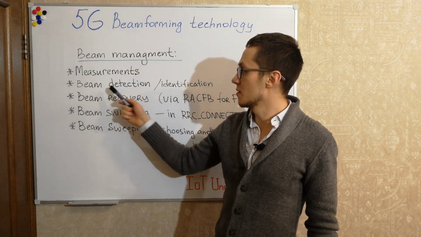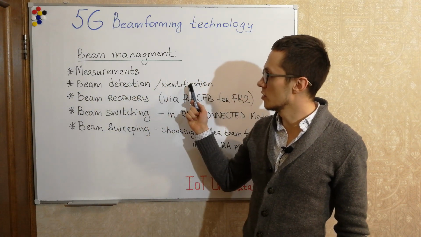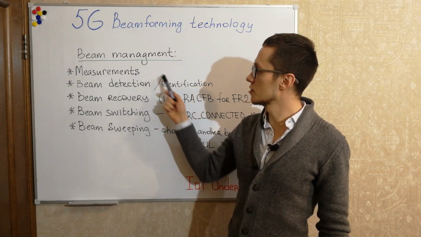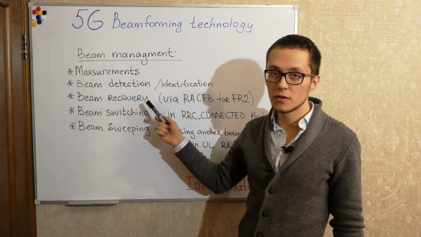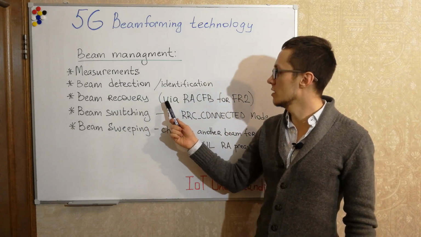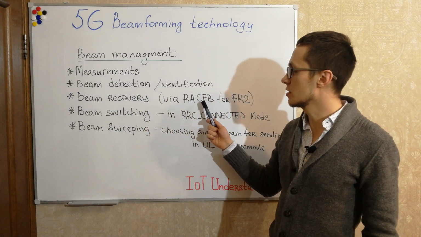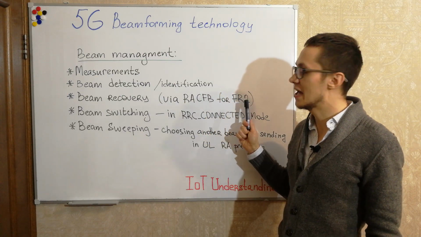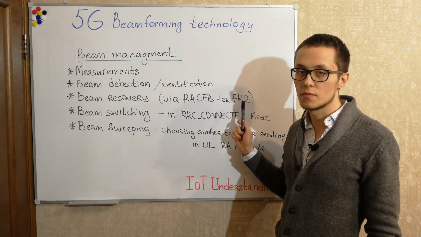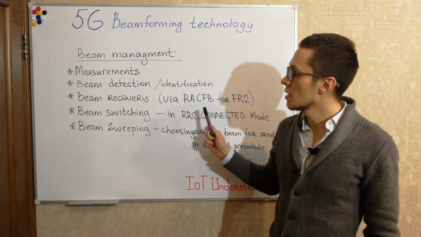Then we have beam detection and identification. Actually, it goes first. Then beam recovery. It goes via contention-free random access, actual for FR2, for millimeter waves.